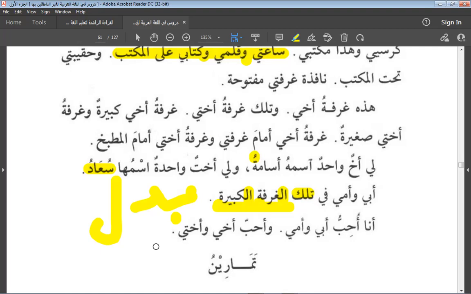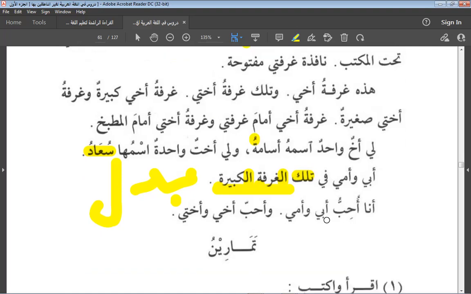So you translate it as: my father and mother are in that big room. Fi tilka al-ghurfat al-kabira, in that big room. And they also take the vowels just as this is affected. Fi tilka al-ghurfati al-kabirati, they are all affected by the fi.